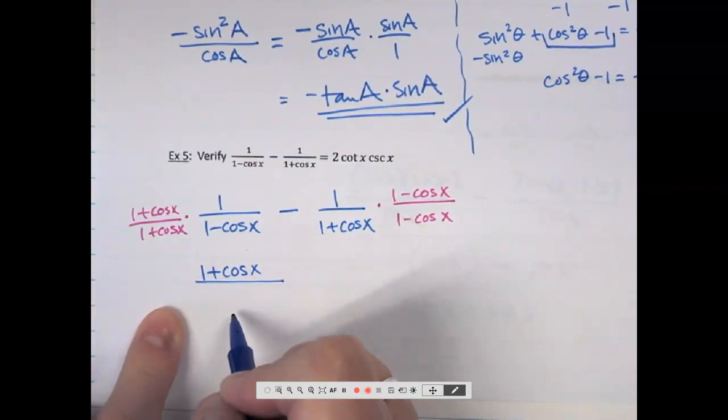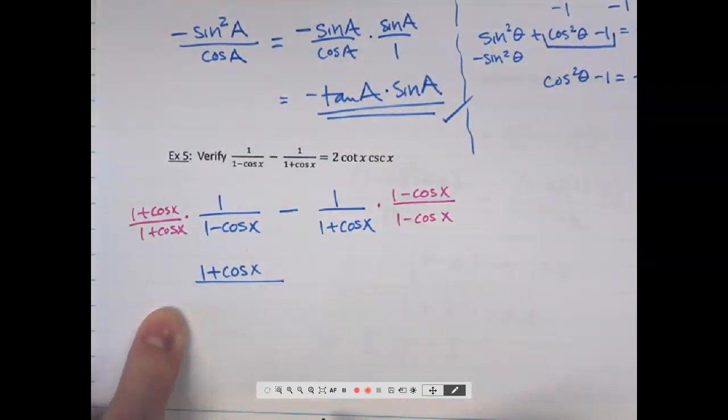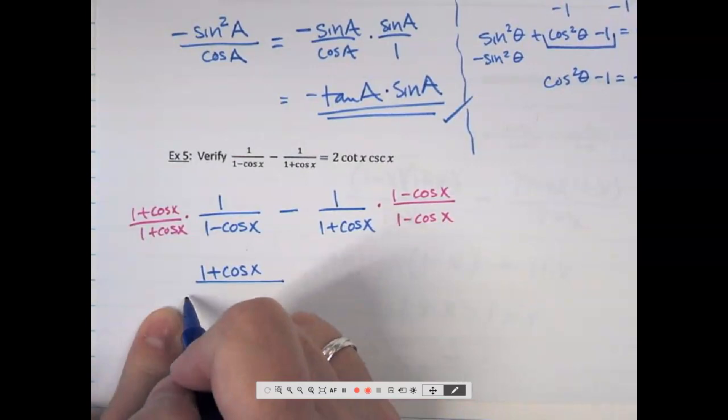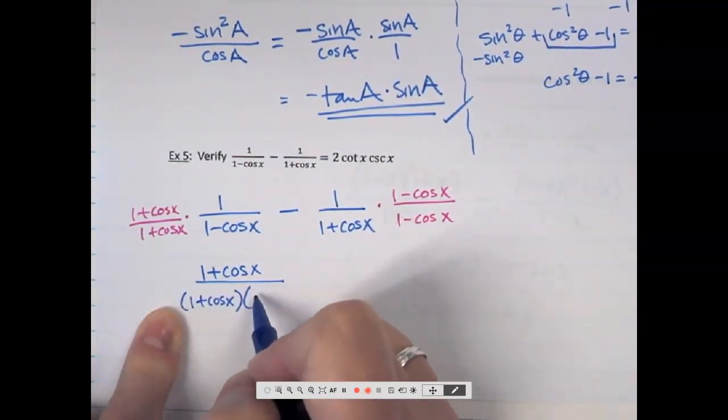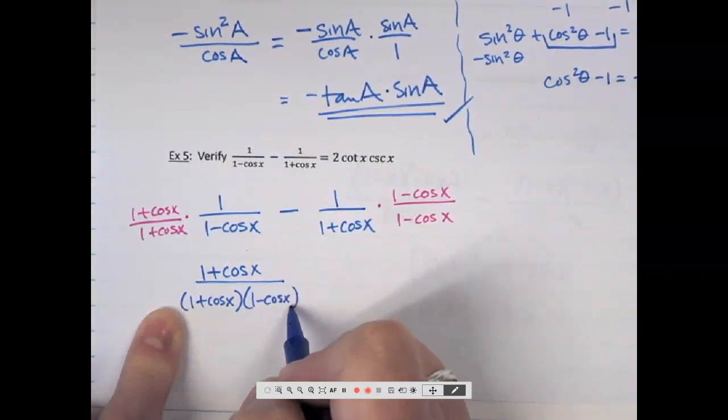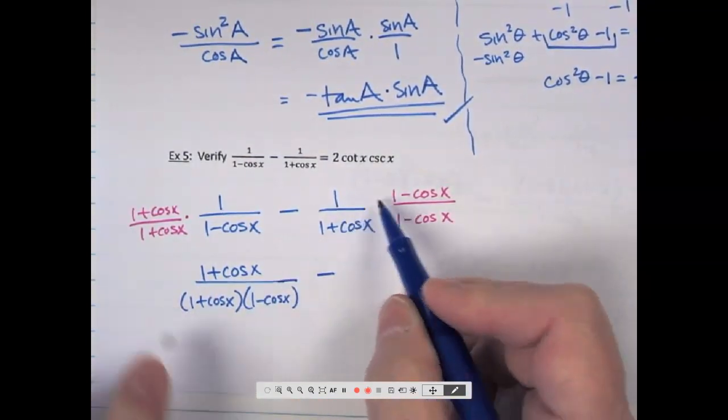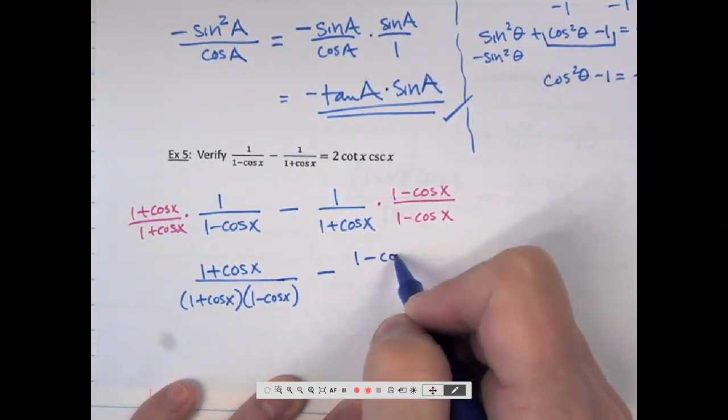Over, should we FOIL that out? Maybe in the next step. I'll just bring it down for now. 1 times 1 minus cosine is 1 minus cosine.